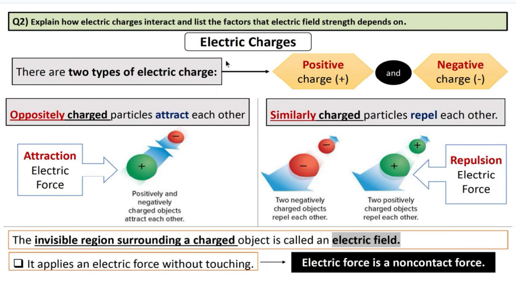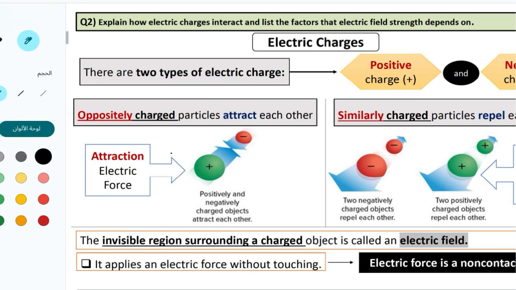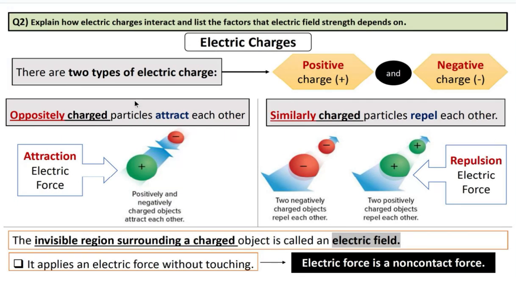We have a positive charge and a negative charge. We know, just like magnets, that oppositely charged particles will attract each other. So positive will attract or move towards the negative, and similar charges will repel. So these will push away from each other.